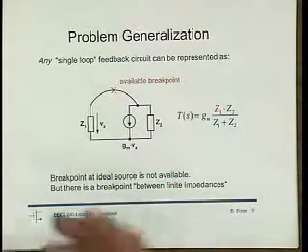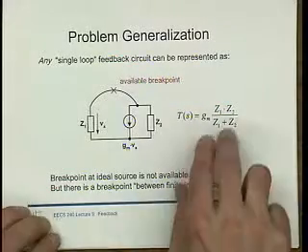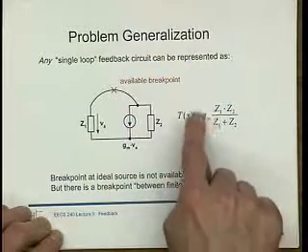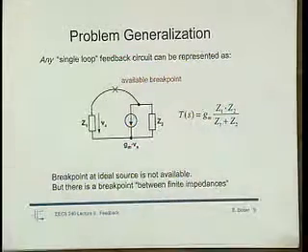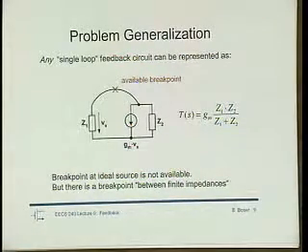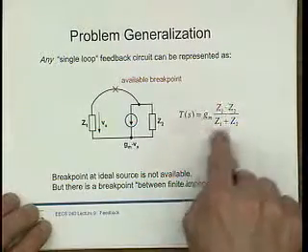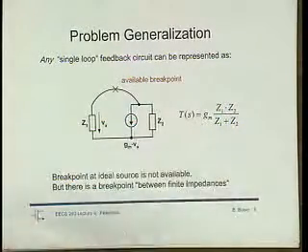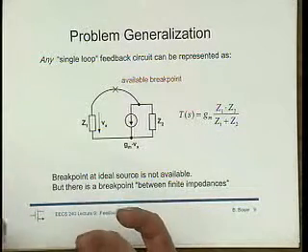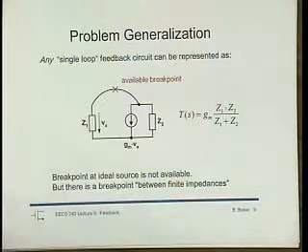So if we had a way to figure out what the gain and these impedances are, we could also figure out T of S. Figuring out these impedances with paper and pencil is tedious but possible, but what we really want is a way to do this with SPICE.